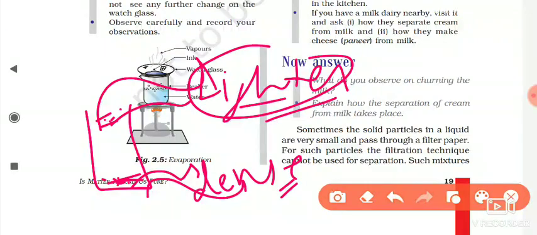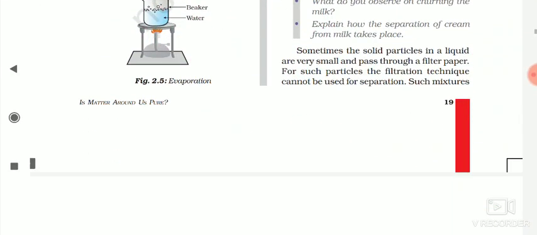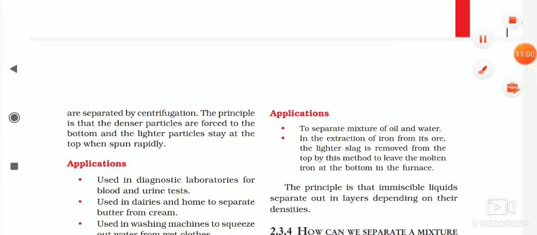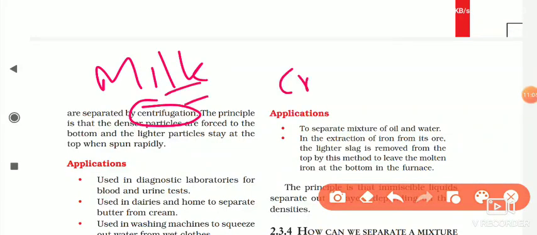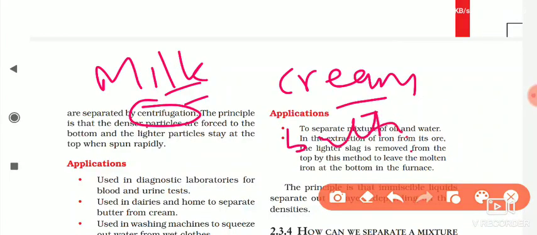This is the technique. Sometimes the solid particles in a liquid are very small, and by using the filtration method you cannot separate them. Such mixtures are separated by centrifugation, because if you filter the milk you cannot separate cream and butter from the milk.